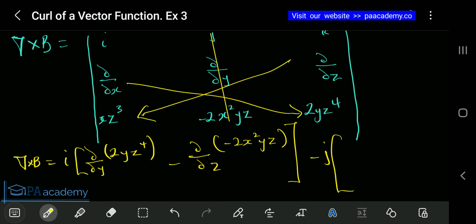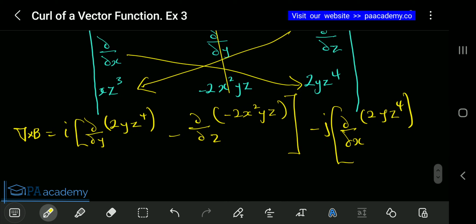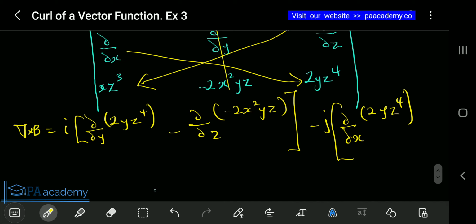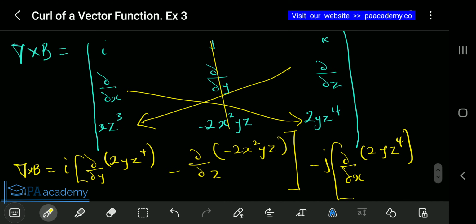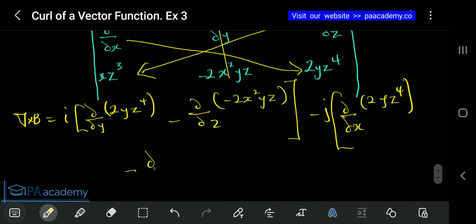So that will be the partial differential over x multiplied by 2yz raised to the power 4, minus the partial differential over z of xz raised to the power 3.